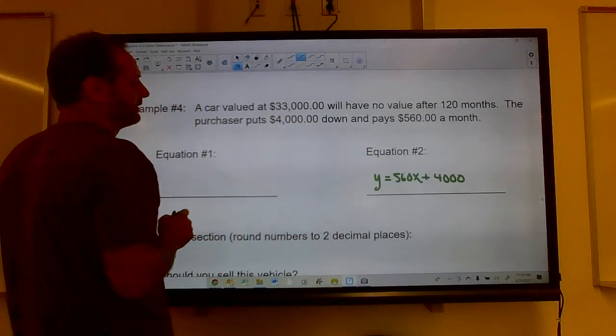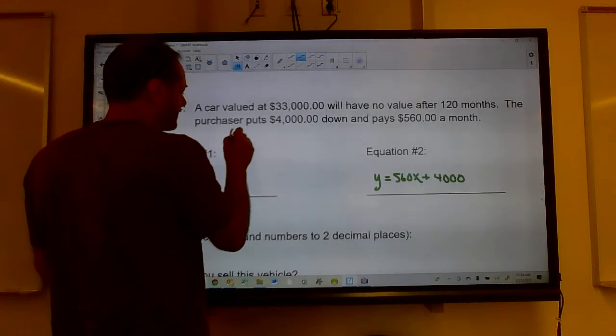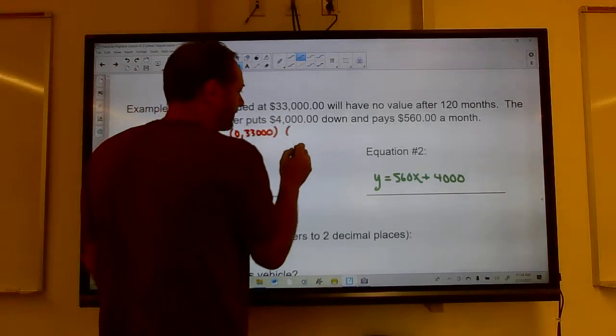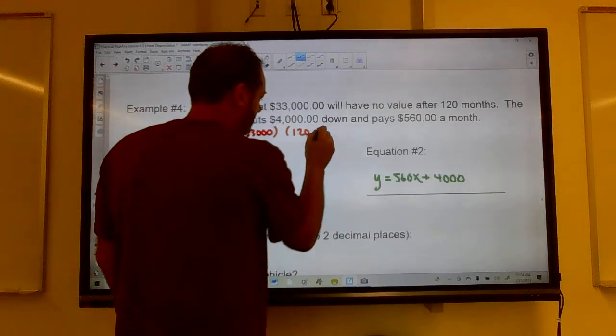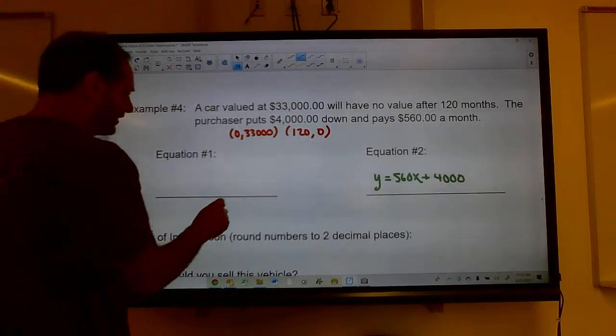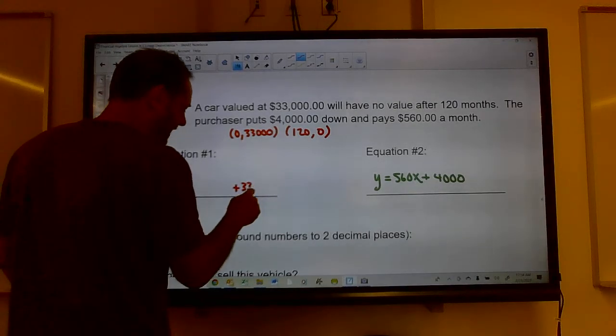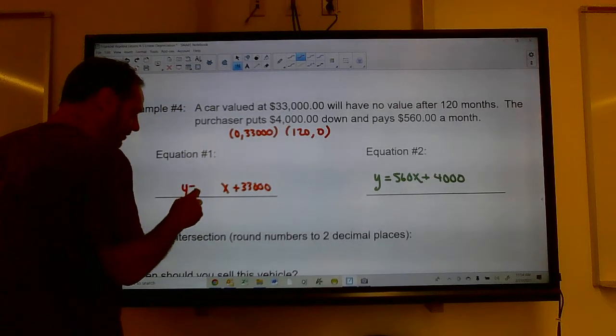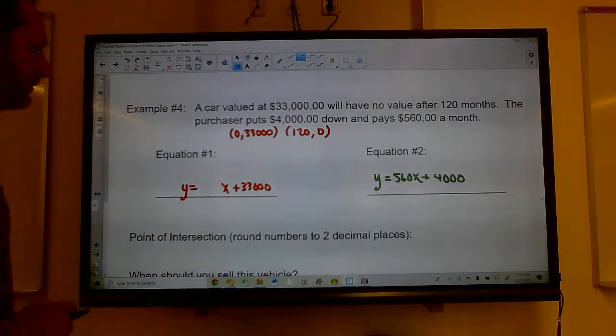Okay, the other equation. I got 2 points here. I've got the point 0, 33,000, and I've got the point 120, 0. Okay, so the y-intercept is easy to figure out. That's going to be plus 33,000. Okay, the hard part is I don't know what the slope is yet, so I got to figure that out.